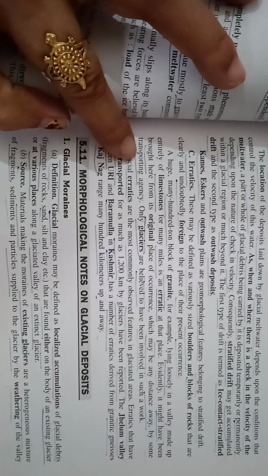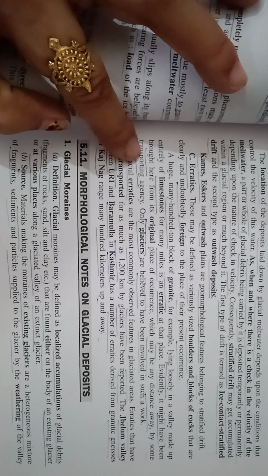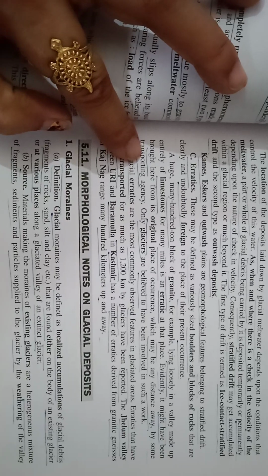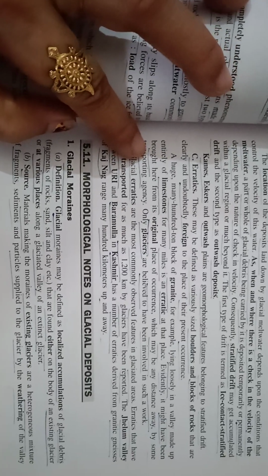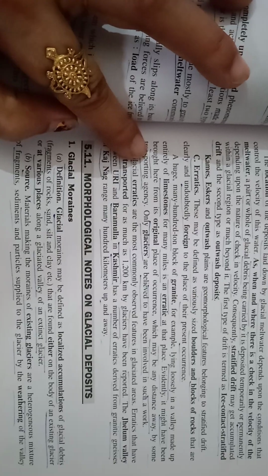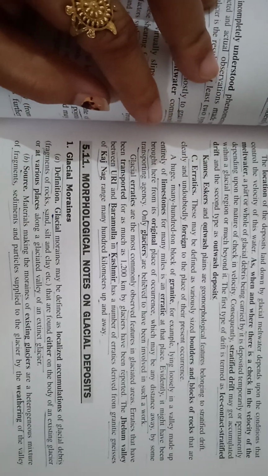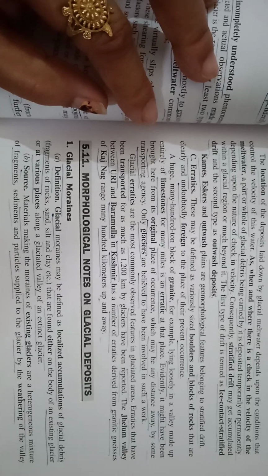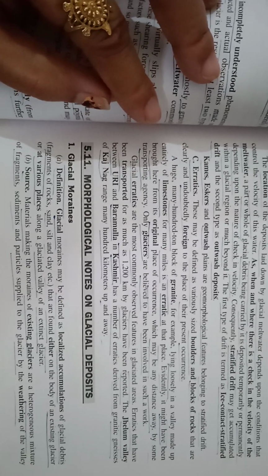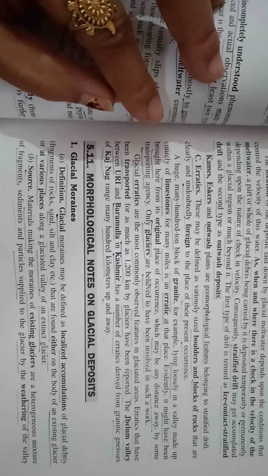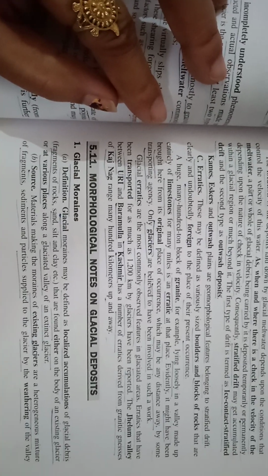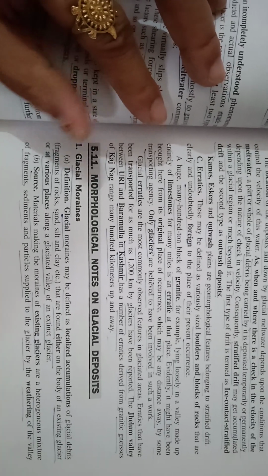Evidently, it might have been brought here from its original place of occurrence, which may be any distance away, by some transporting agency. Only the glaciers are believed to have been involved in such work. Glacial erratics are the most commonly observed features in glaciated areas.